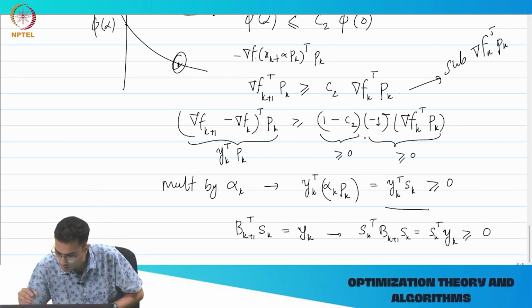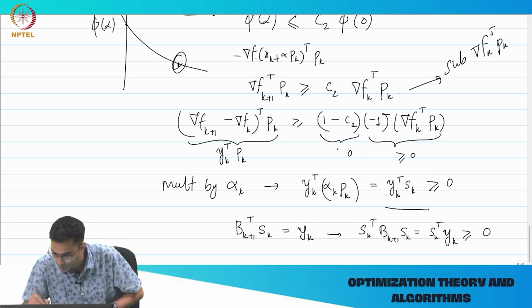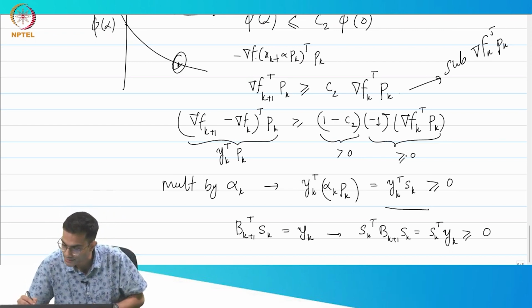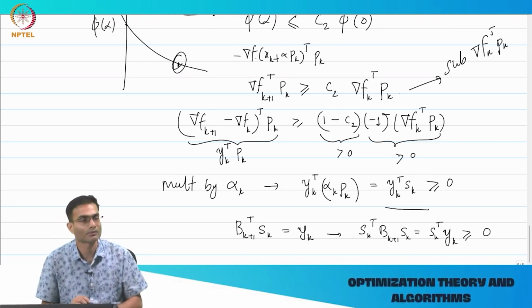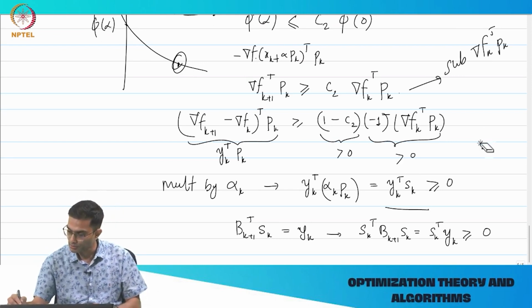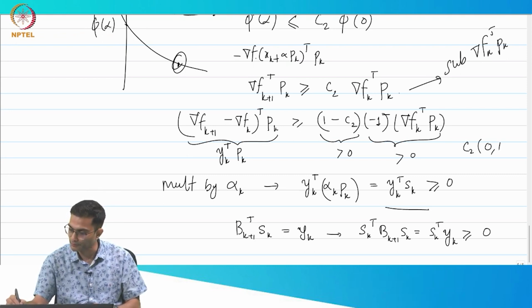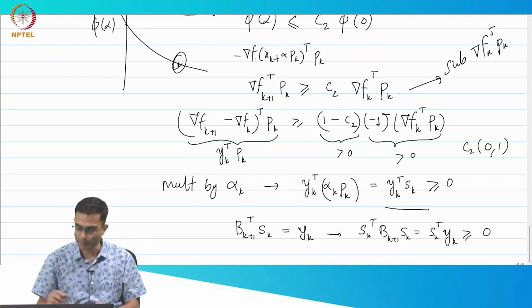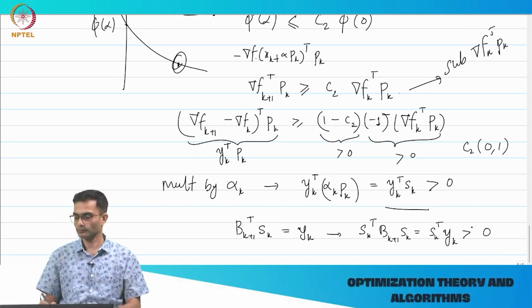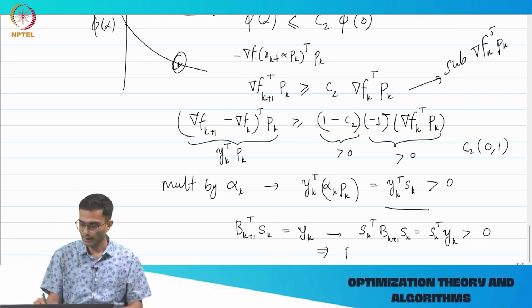Since it's a legitimate descent direction, and because c2 was in the open interval 0 to 1, this term cannot be 0. So it's not greater than or equal to, it's strictly greater than. This implies that Bk+1 is positive definite.